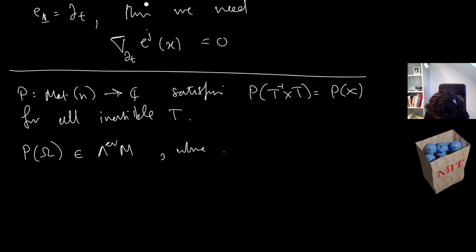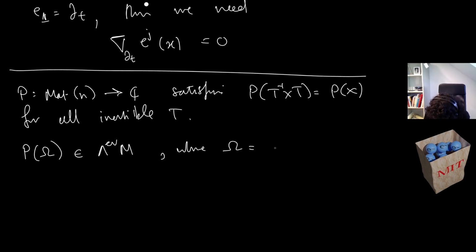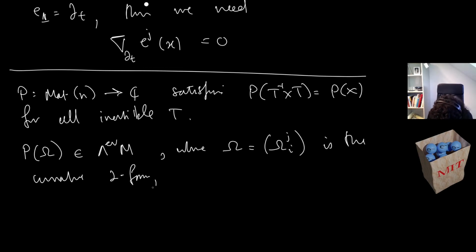This is just going to be, inside a frame, the curvature 2-form, right? Which meant that each entry omega_ij is actually a 2-form, right?